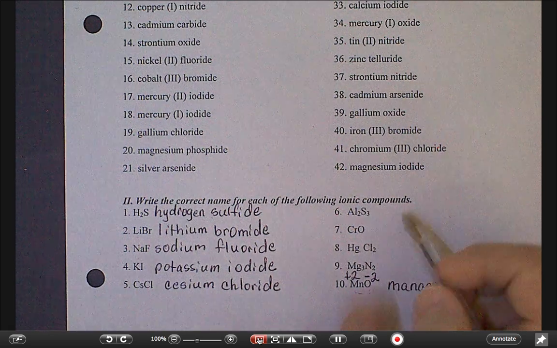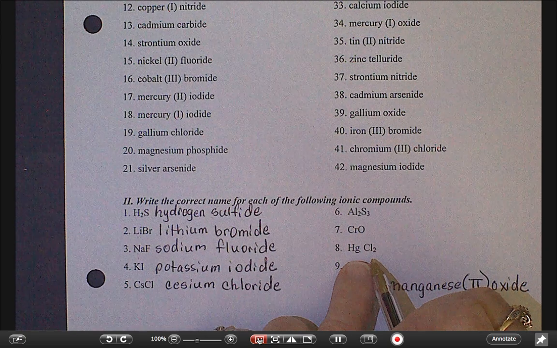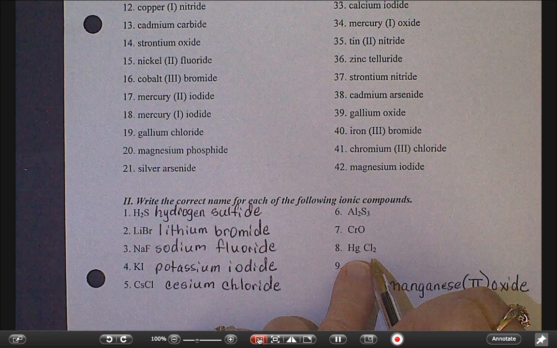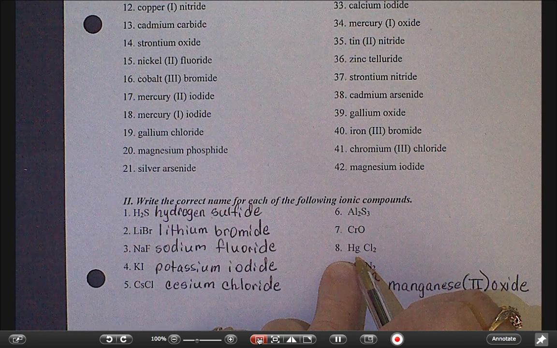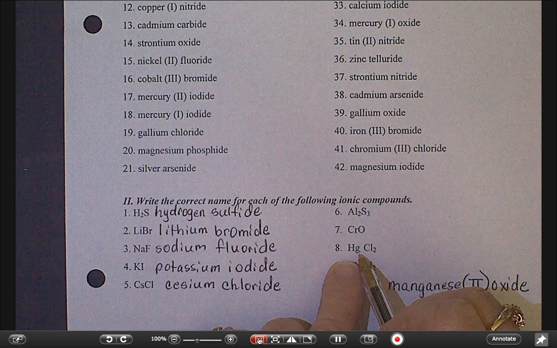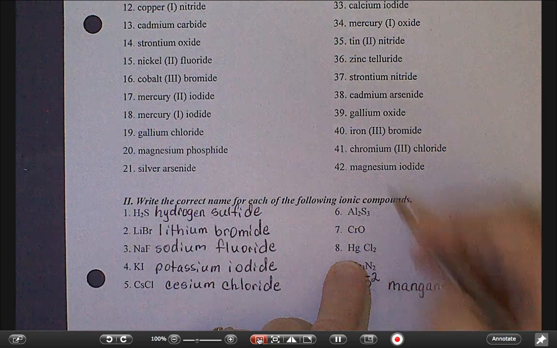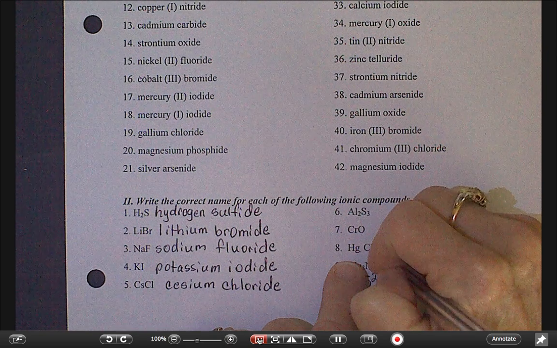Okay, now this one I'm going to educate you on. Everybody look up at my screen. Don't know what mercury is? Hg. 80. Right. This is mercury. Okay, look what I'm going to do here. I'm going to undo the crisscross.